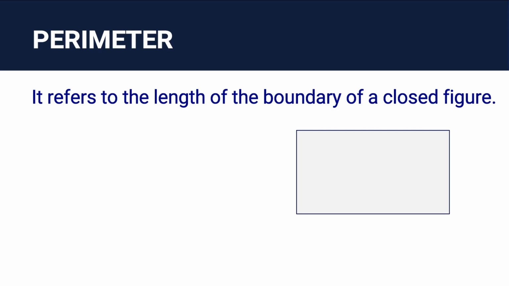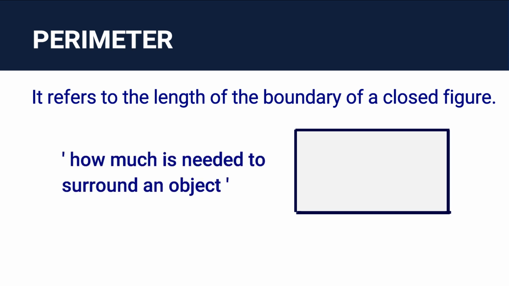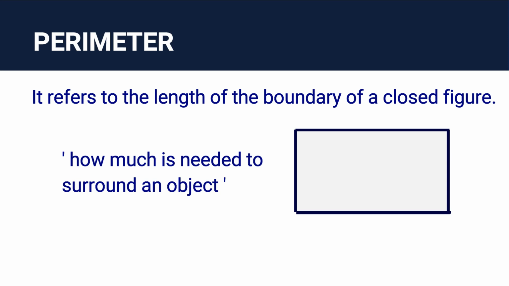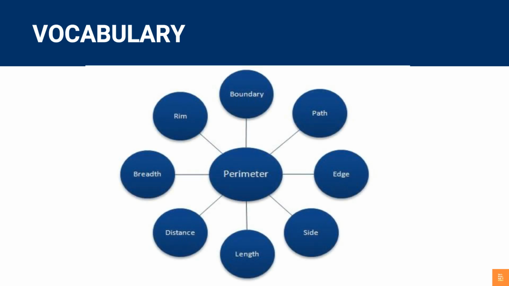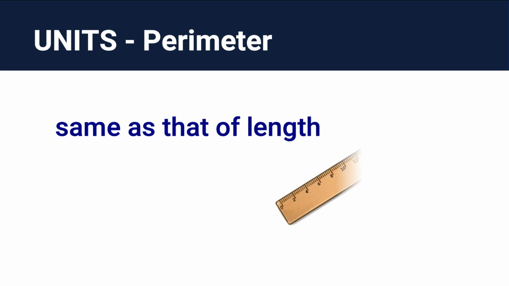Let's have a quick recap of the basics. Perimeter. Perimeter refers to the length of the boundary of a closed figure. In simple terms, perimeter concerns how much is needed to surround an object. A good understanding of perimeter includes the vocabulary: boundary, outer rim, outline, distance, path, edge, side, length. The units of perimeter are same as that of length.